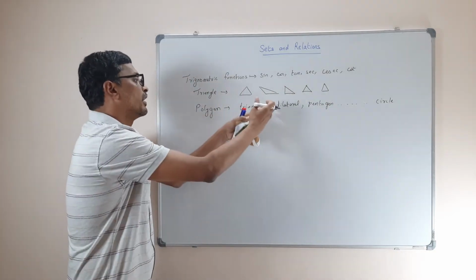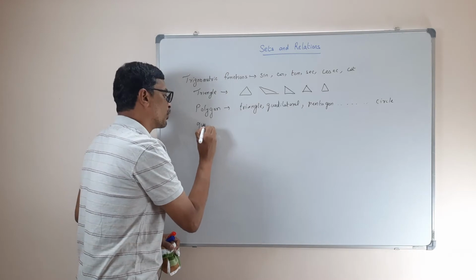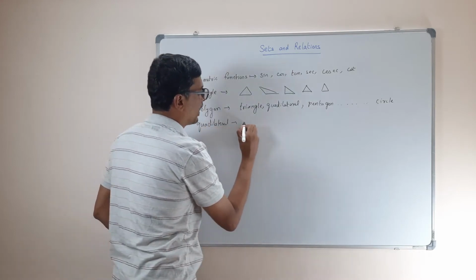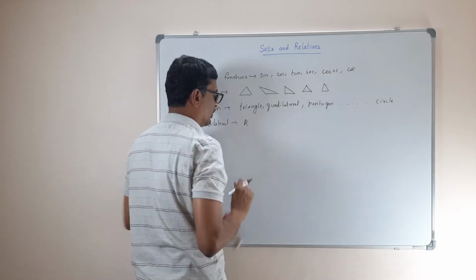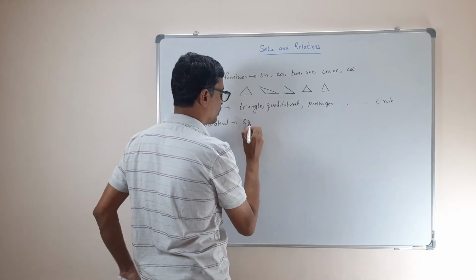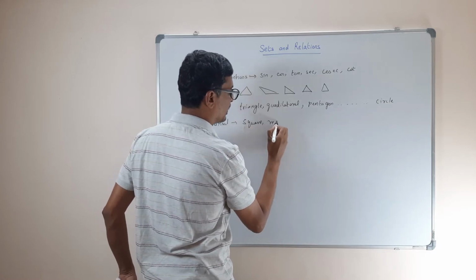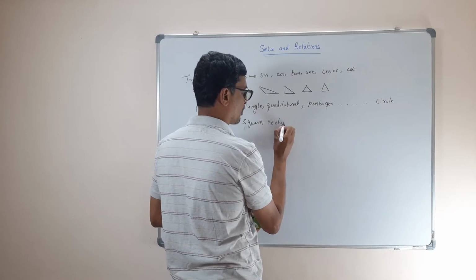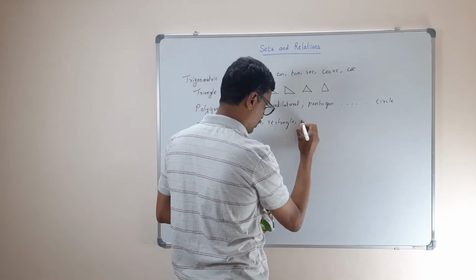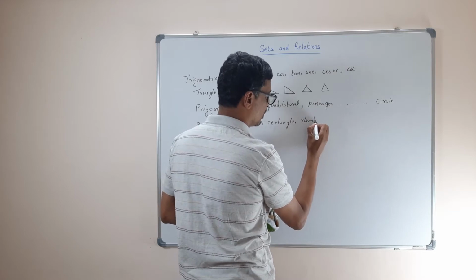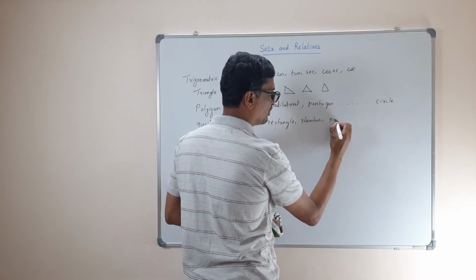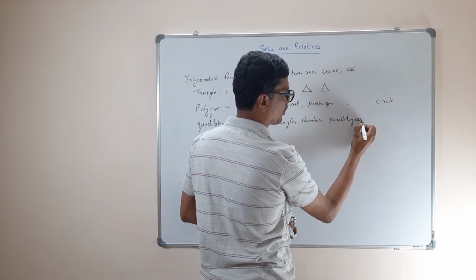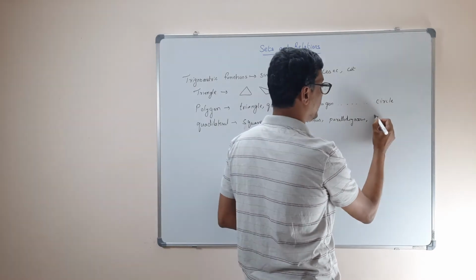Similarly, when I take a quadrilateral, you can have other names also: square, rectangle, rhombus, then parallelogram, then trapezium.